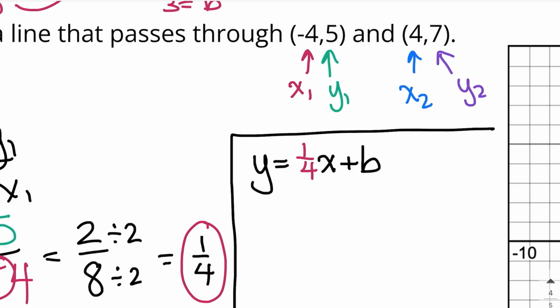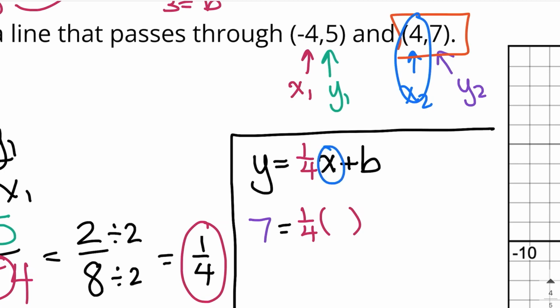So I will use this second one over here, this 4 and this 7, and I'm going to replace the y right here with what y is, which is 7. So I'm going to say 7 equals, and then I'm going to have 1/4, and then instead of x, I'm going to replace it with what x is, which is 4. So 1/4 times 4, and then I'm going to say plus b.